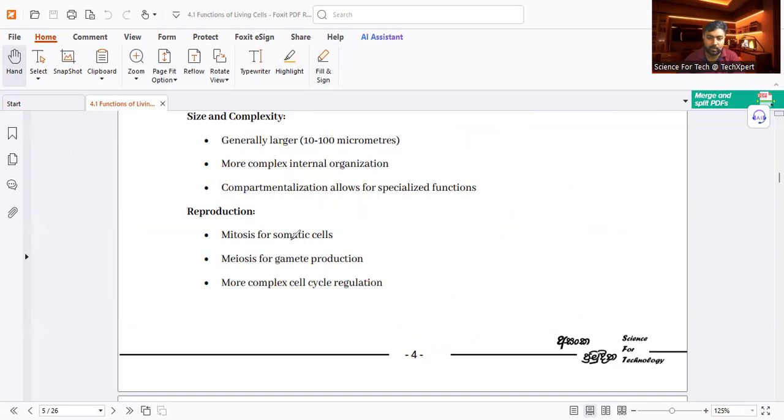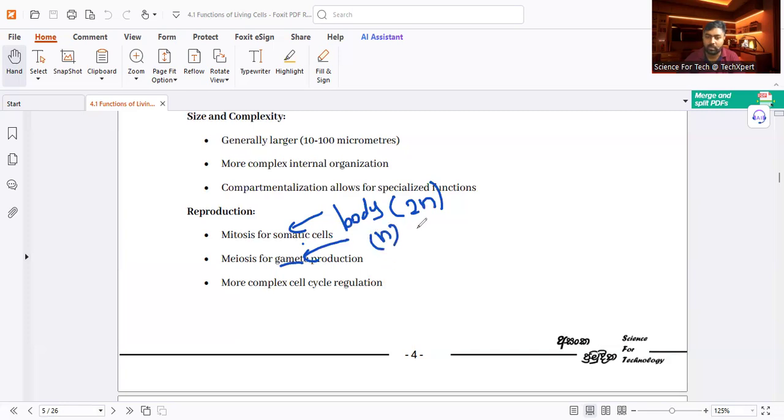reproduction: mitosis for somatic cells. Do you know the meaning of somatic cells? Somatic cells mean body cells. I told you there are 2N cells, no? 2N cells are somatic cells or body cells. Meiosis for gamete production. That means sperm and ovum.